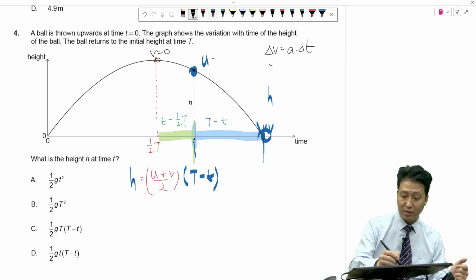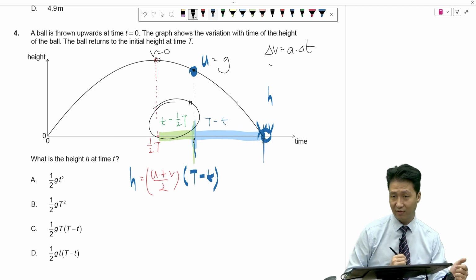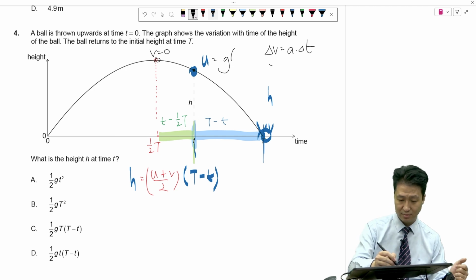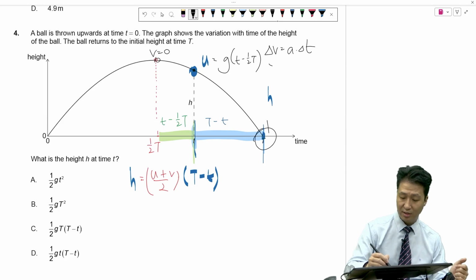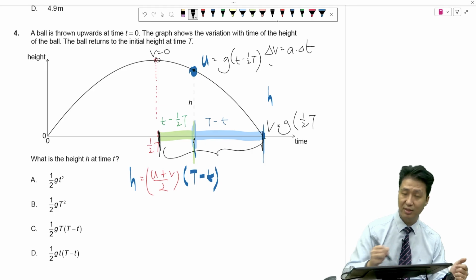Okay, so initial velocity u would be gravitational acceleration times lowercase t minus 1/2 uppercase T. And the final velocity, all the way here, would be gravitational acceleration times, and now it's from here to here, and this is just 1/2 uppercase T.